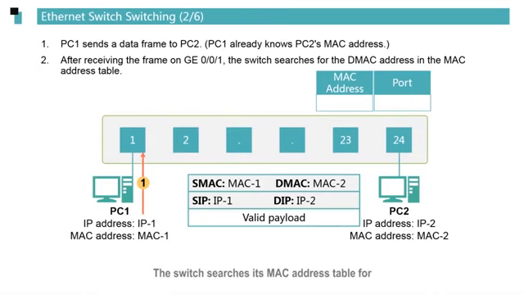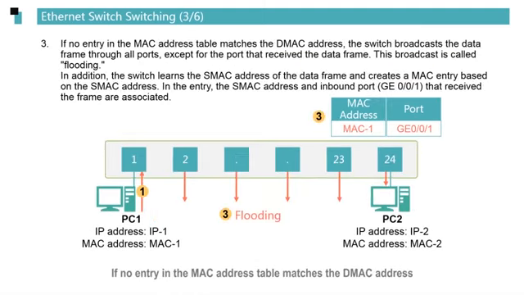The switch searches its MAC address table for the DMAC address of the frame. If no entry in the MAC address table matches the DMAC address, the switch broadcasts the data frame through all ports except for the port that received the data frame. This broadcast is called flooding. All interfaces in the same broadcast domain as the switch receive this data frame.